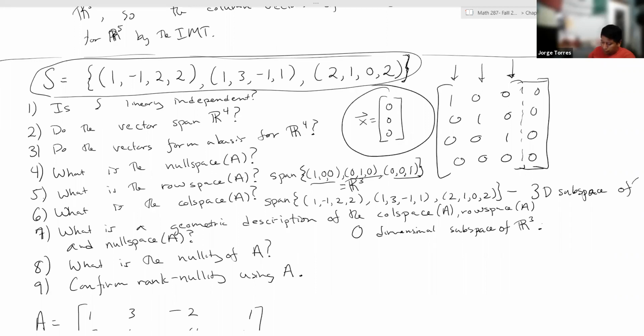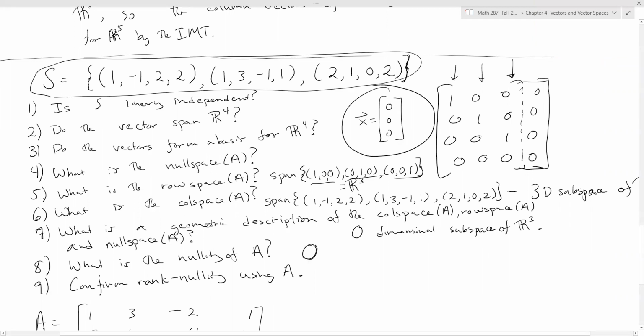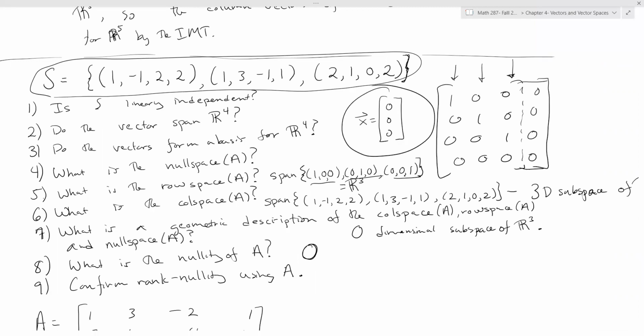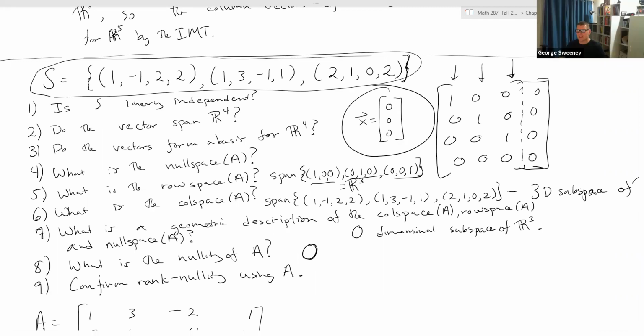Okay. What's the nullity of A then? It's 0. That's right. Remember that if the null space of A is the zero vector, the nullity of A is 0. How do we define nullity? Because it's linearly independent. Okay, so that's a relationship between the vectors and the null space.